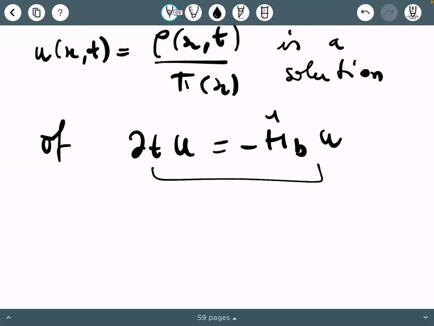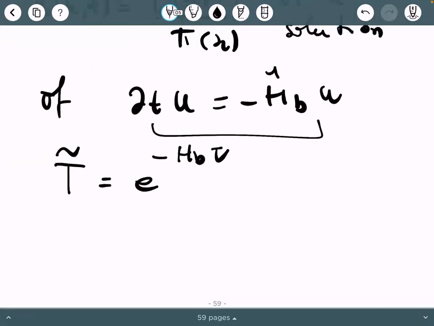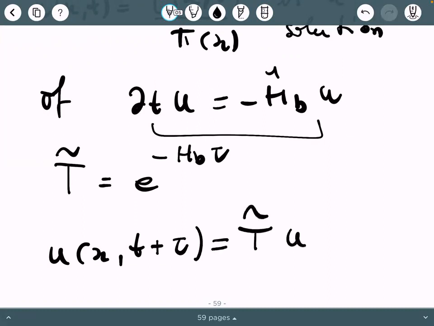Let me provisionally call it T tilde, and let it be e to the negative H_B tau. All I know is that my T tilde will propagate forward in time my u function.